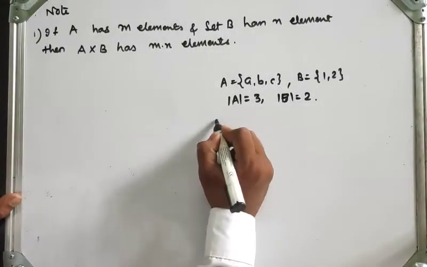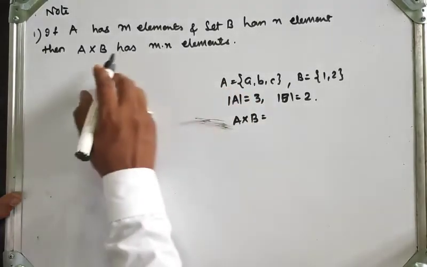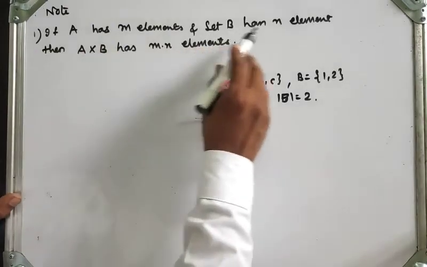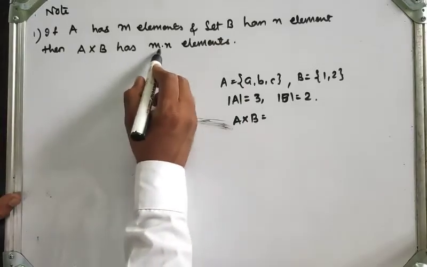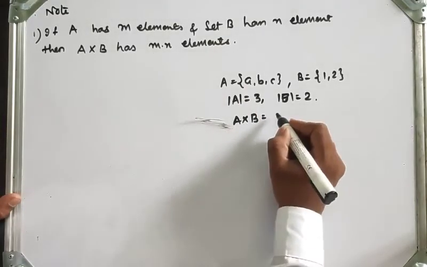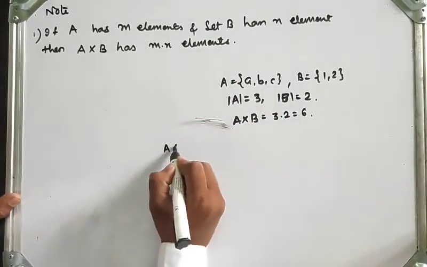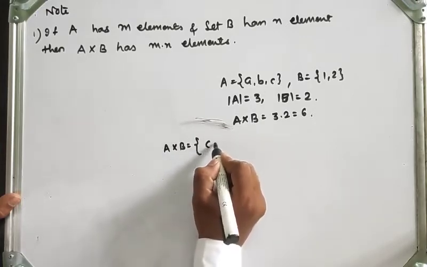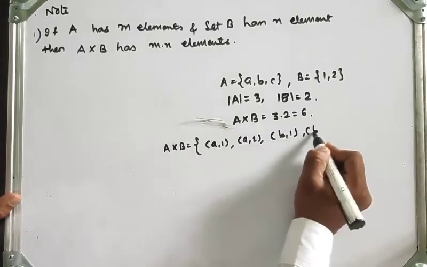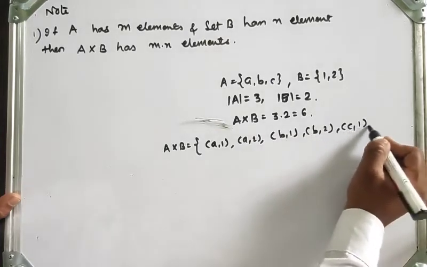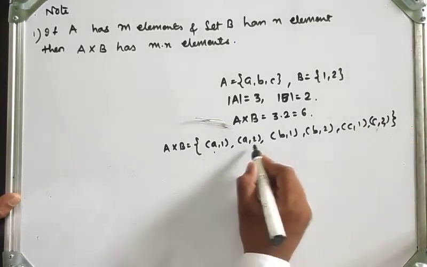Therefore, since set A has m elements and B has n elements, the number of elements in A cross B will be m into n. So A cross B has 3 into 2, which is equal to 6. We have seen A cross B has elements A1, A2, B1, B2, C1, C2: 1, 2, 3, 4, 5, 6.